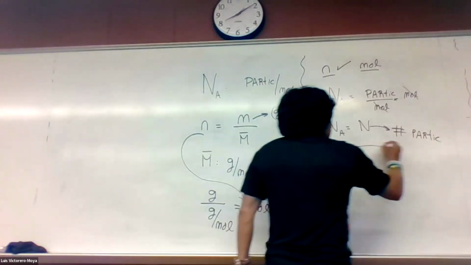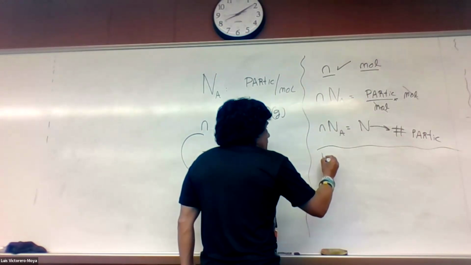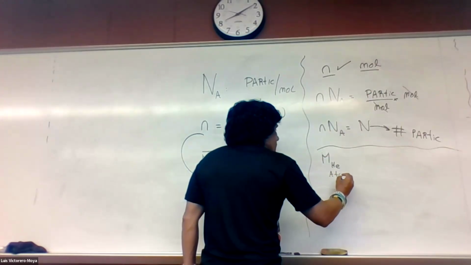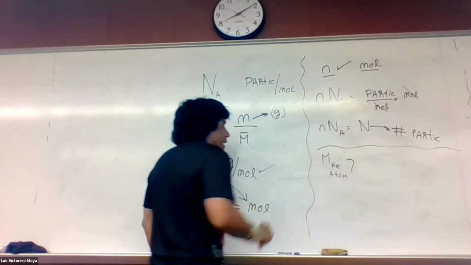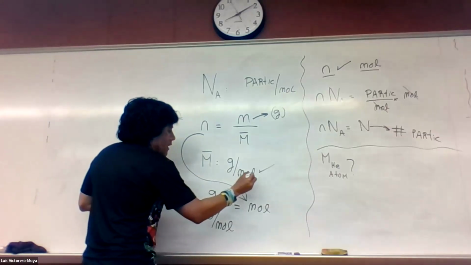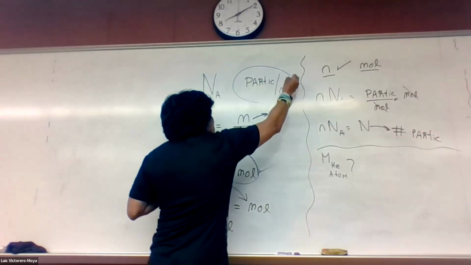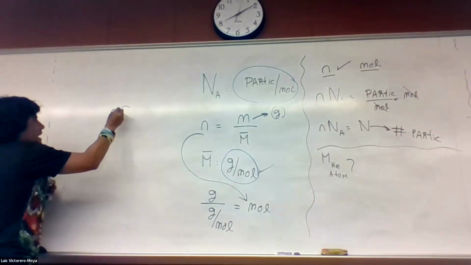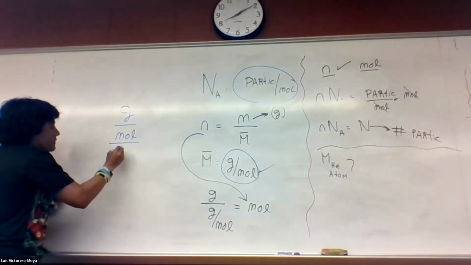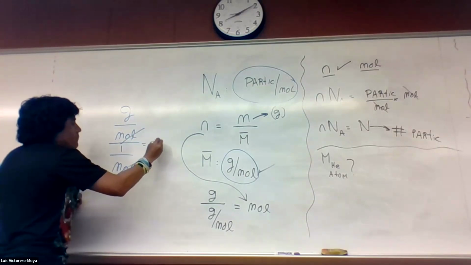If you want to find the mass of a helium atom or hydrogen, look at this: grams per mole over particles per mole, one atom, I get grams.